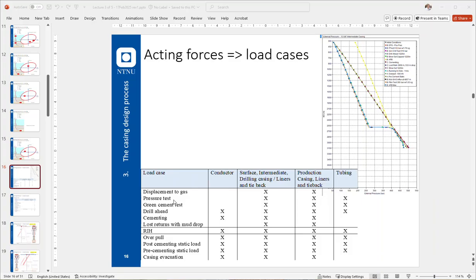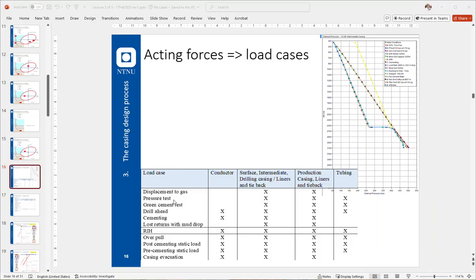Any pressure test that is required, of course, should be investigated and designed, and the casing should be designed to take the pressure test. The philosophy behind the pressure test is that, as part of the casing design, we are developing the pressure tests.